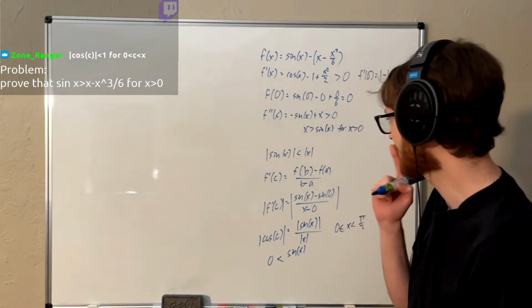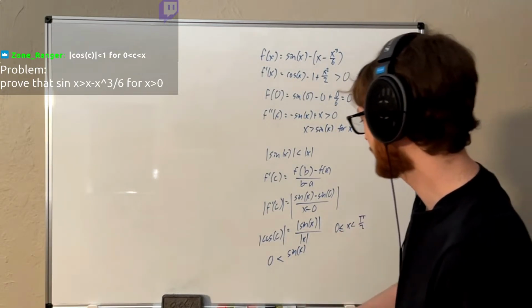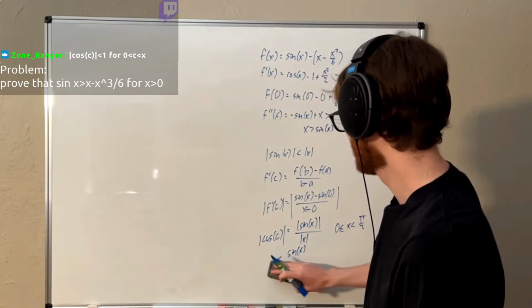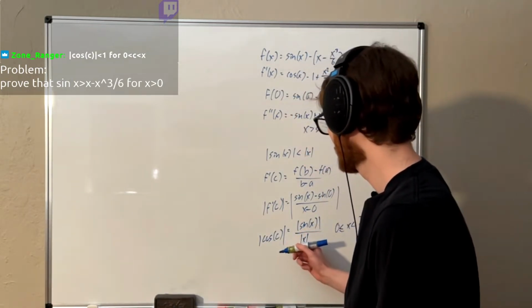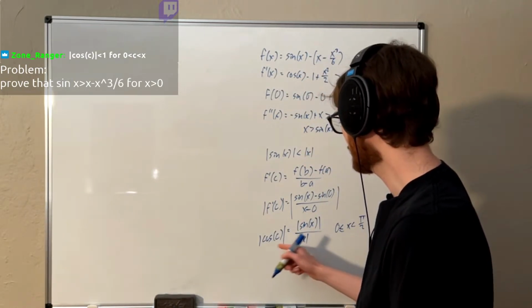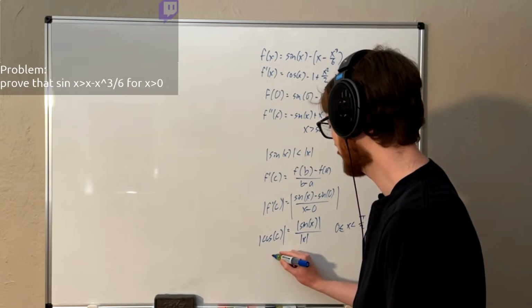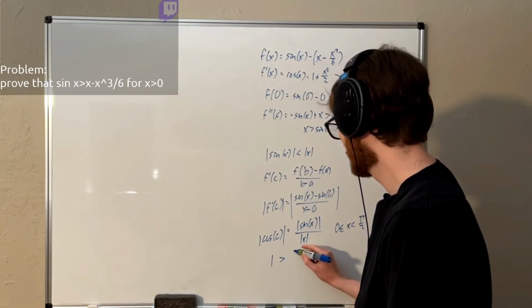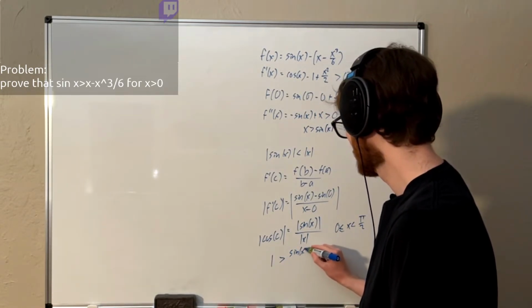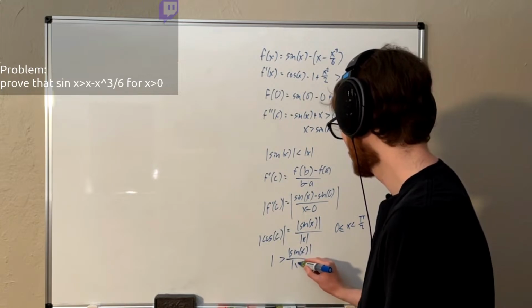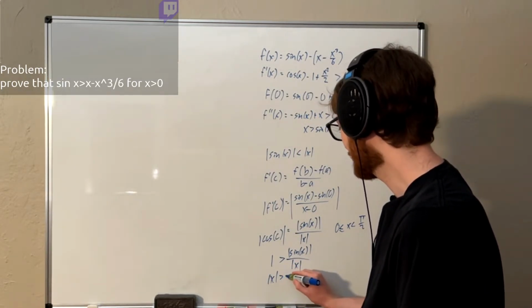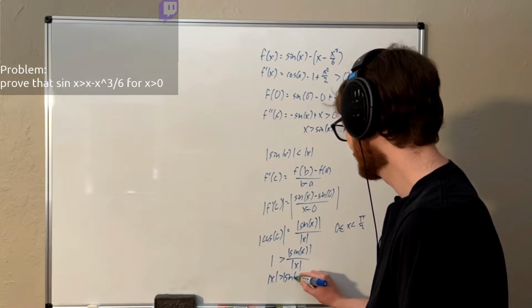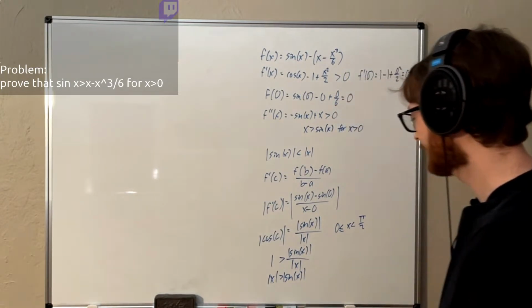No, I think I'm messing that up. We don't have to be a 1. Because if these two things are equal and cosine is at most 1, then from this we would get that x is greater than sine of x.